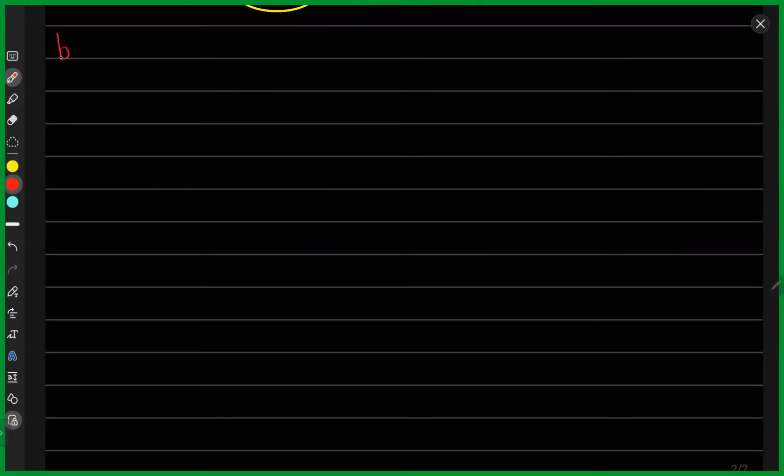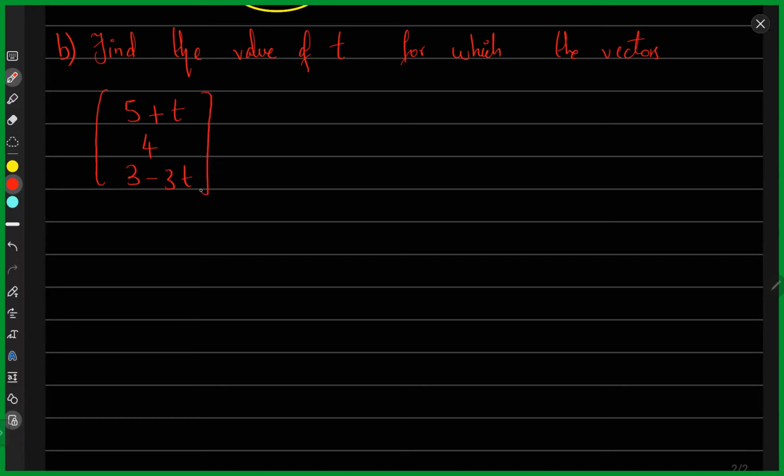The next part of this question says, find the value of t for which the vectors (5 plus t, 4, 3 minus 3t) and (3, 4, 9) are equal.